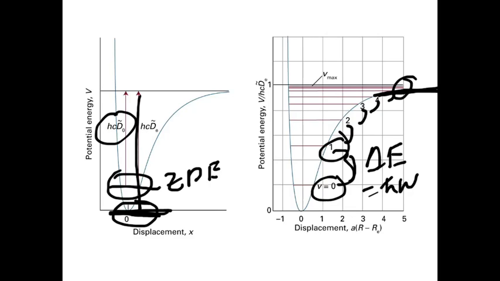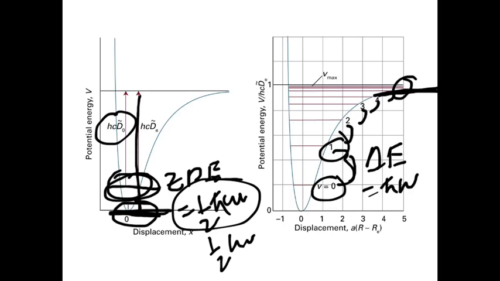Remember, your ZPE is where we have a 1/2 h bar omega, or a 1/2 h nu amount of energy, because we can't have zero vibrational energy. That's our ZPE. So the difference between D0 and DE is this zero point energy. That makes them different.